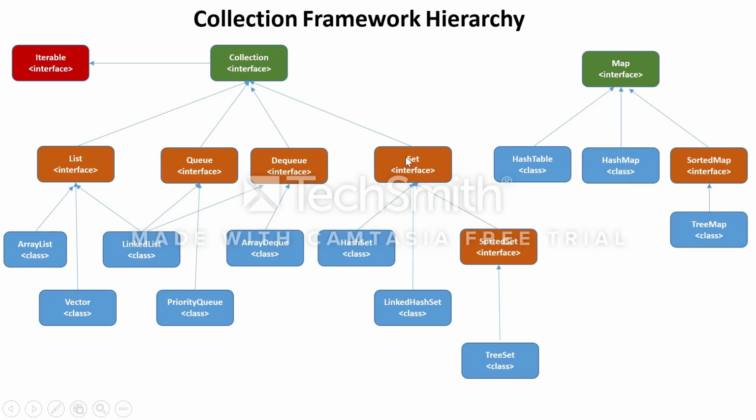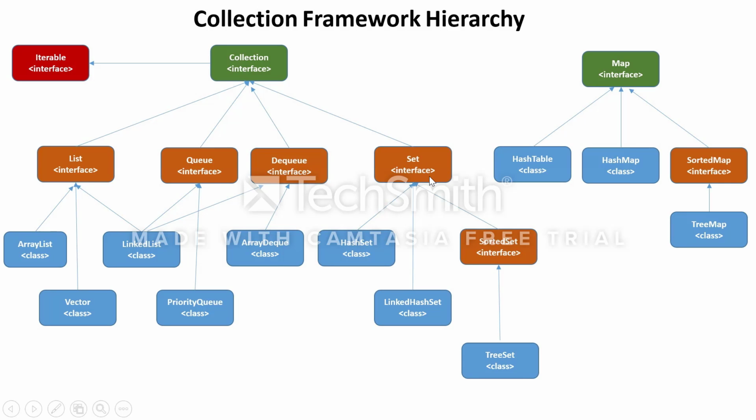Now we have Set. We have HashSet, SortedSet, LinkedHashSet, and then we have TreeSet. Here it is mentioned which one is a class and which one is an interface. List, Queue and Deque are interfaces, and Set is an interface.